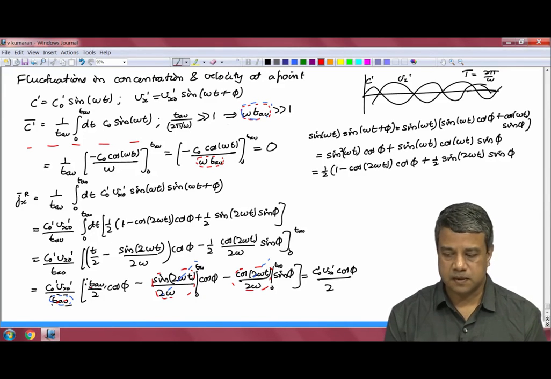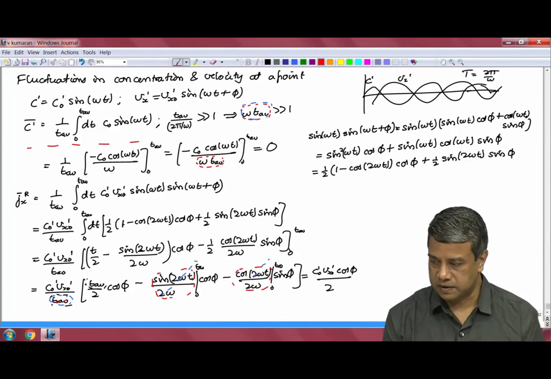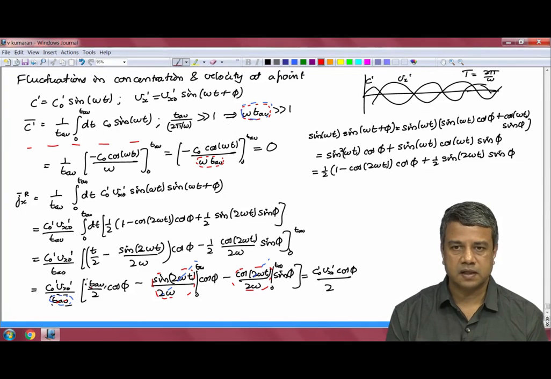Even though C prime and V x prime both have 0 mean values, the product when integrated over time does not have a 0 mean value, it has a non-zero value, and that is because these two are correlated. It is proportional to cos phi, where phi is the phase shift. Because of that, this is the dispersion flux.